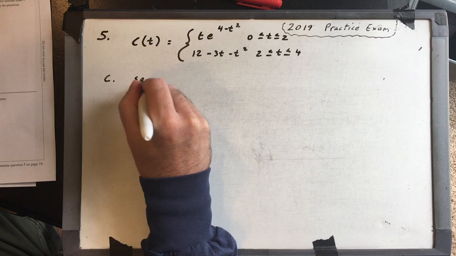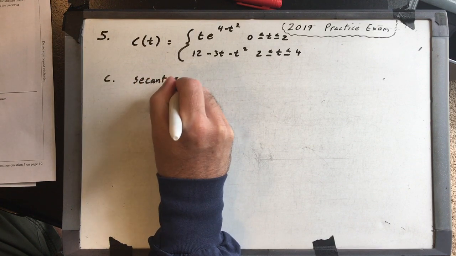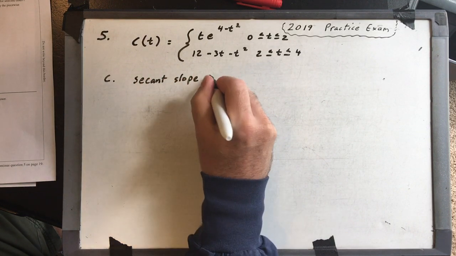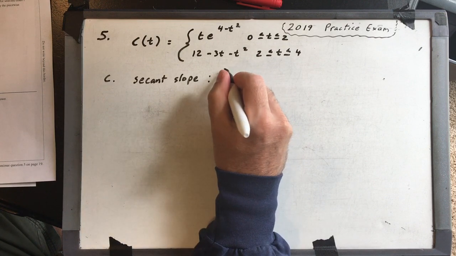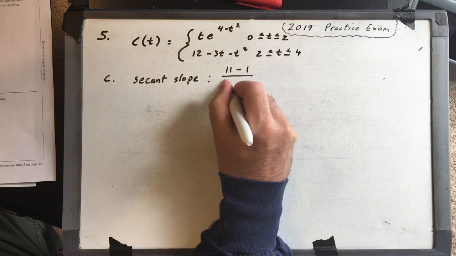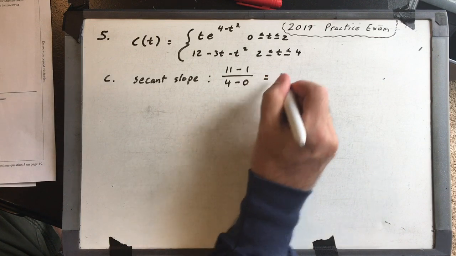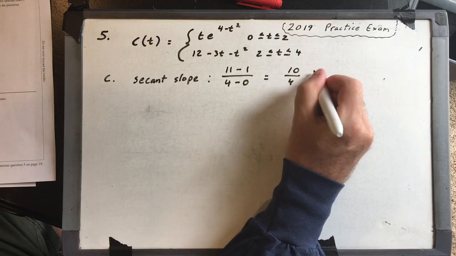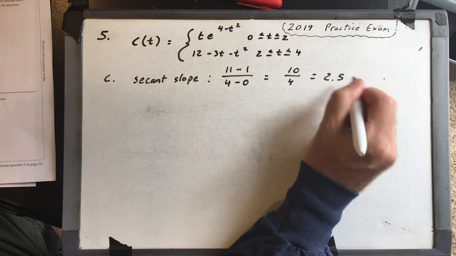The secant slope is going to be 11 minus 1 over 4 minus 0. That's 10 over 4, which is 2.5.